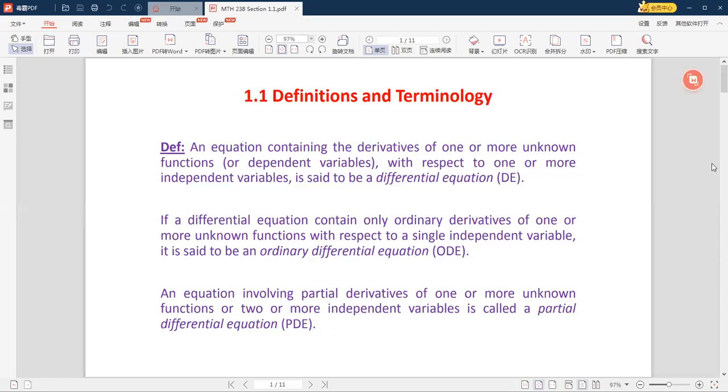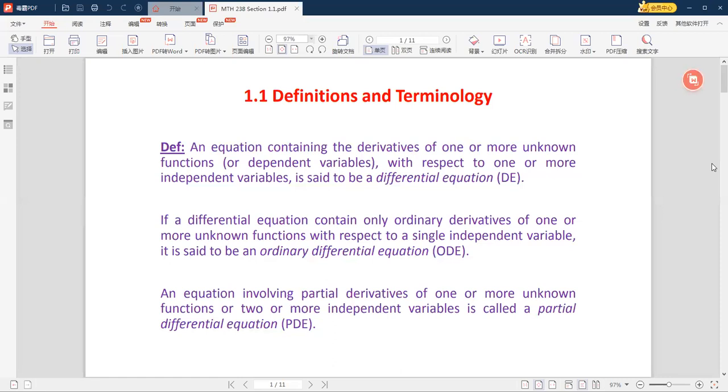So in a differential equation, you have an equation of two variables at least. One is the independent variable, and the other is the function. We can call the independent variable x, for example, and call the dependent variable or the function y. So we want to solve for y in this equation, but the equation contains the derivatives of y.